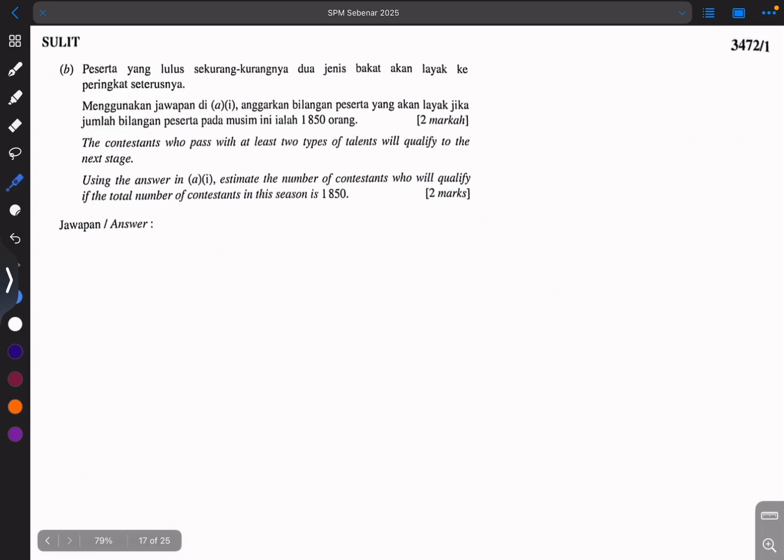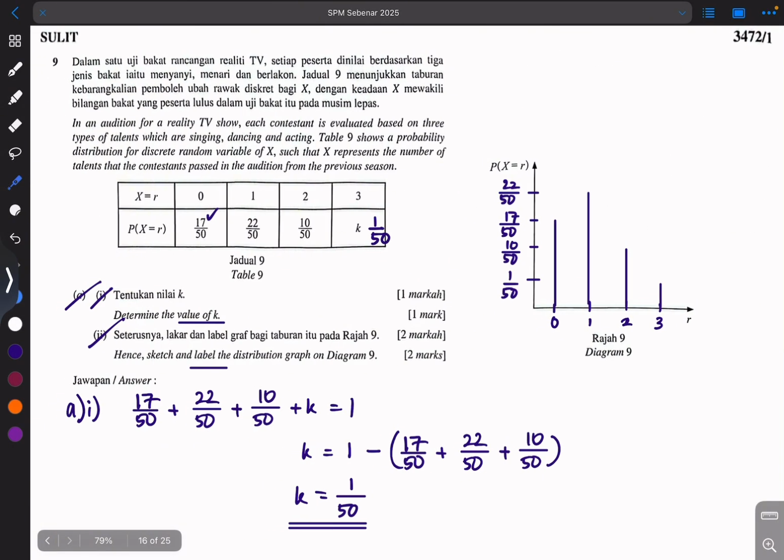Okay, B. The contestants who pass with at least 2 types of talents will qualify to the next stage. Using the answer in A1, estimate the number of contestants who will qualify if the total number is this much. Right. So with at least 2 types of talents. So here we have 0 talent, 1 talent, 2 and 3 types of talents.